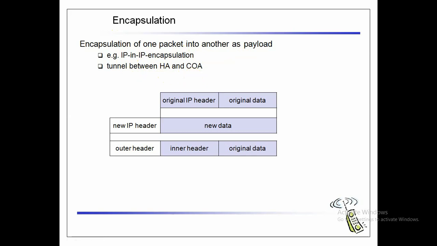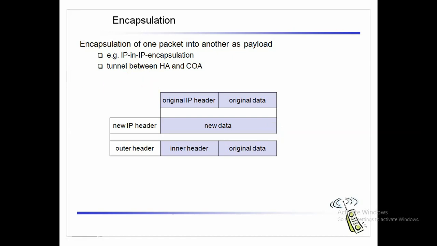Actually, this is generic routing encapsulation. While IP in IP encapsulation and minimal encapsulation work only for IP, this scheme also supports other network layer protocols, that is generic routing encapsulation, also called GRE.